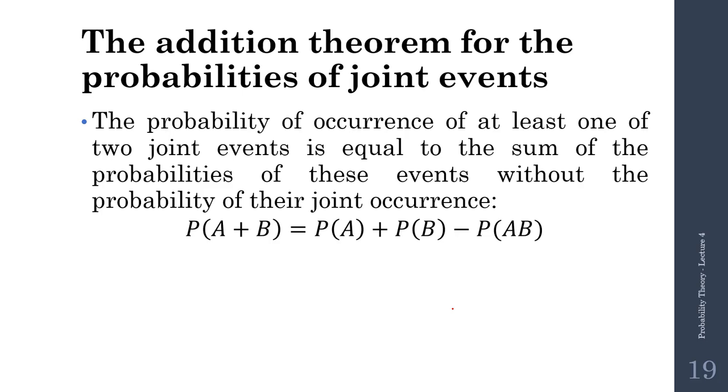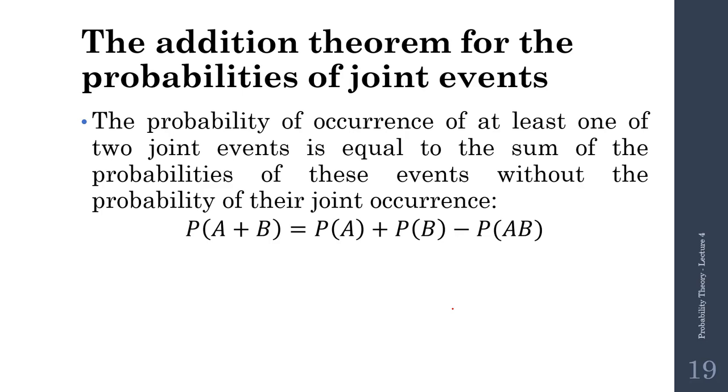And at last, the addition theorem for the probabilities of joint events. The probability of occurrence of at least one of 2 joint events is equal to the sum of the probabilities of these events without the probability of their joint occurrence. Because they are joint, if we do not subtract, it will be a huge number and we will not get the exact probability.